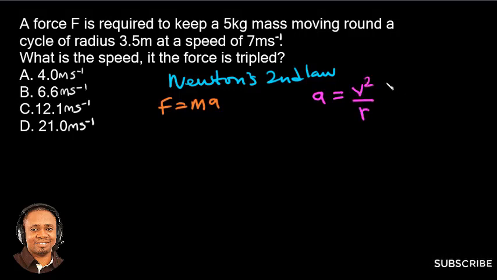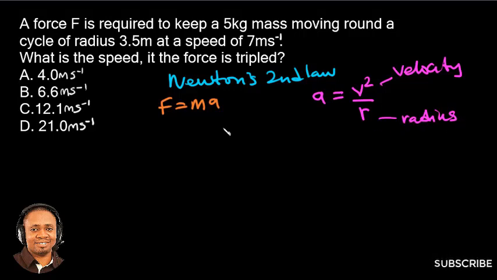The v is the velocity, while the r is the radius of the circle, measured in meters.